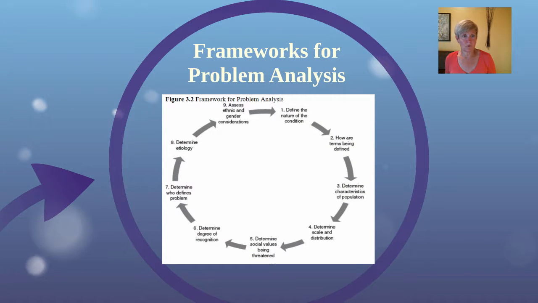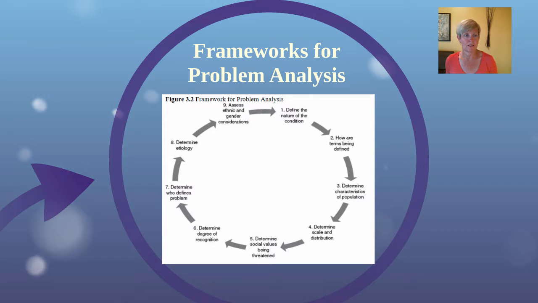Finally, the framework for problem analysis, and I like this. This actually wasn't in version 4 of their book, I don't believe, but it has going through the cycles of problem analysis, getting back up here to making sure that you assess any ethnic or gender considerations that you have, especially if the mission of your program is to serve marginalized people, if the mission is to serve people of lower income, if the mission of that organization or that funder is to serve women, and you've developed a program that, wait a minute, we kind of forgot this, then we've got to start back into the cycle.